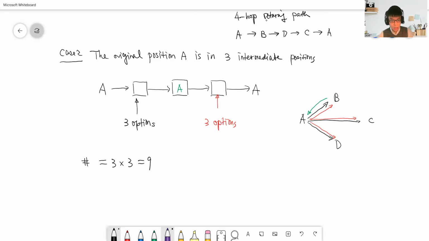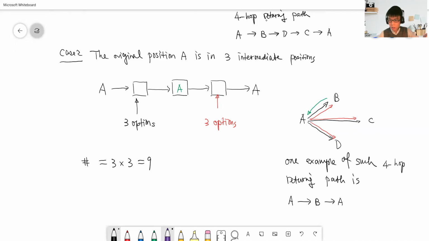One example is as follows. It hops from A to B, and from B back to A, and next from A, say to D, and finally from D back to A. So this is the example.